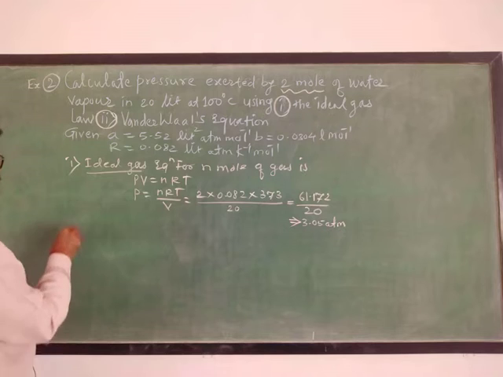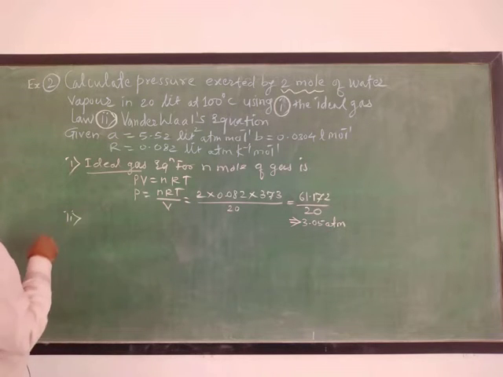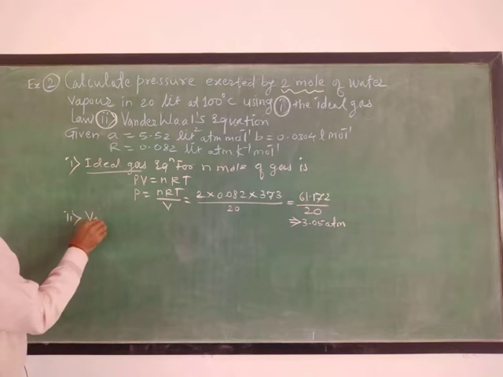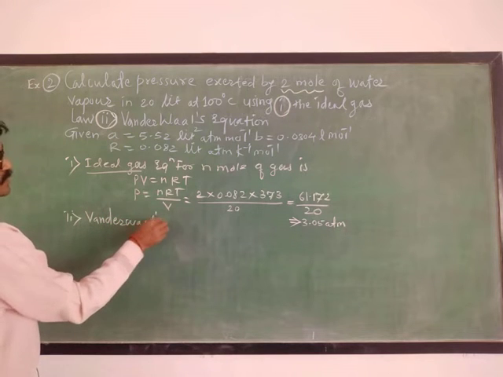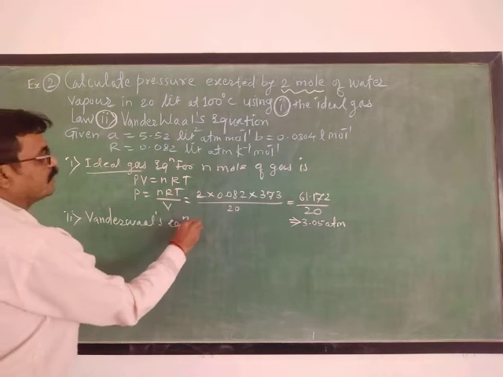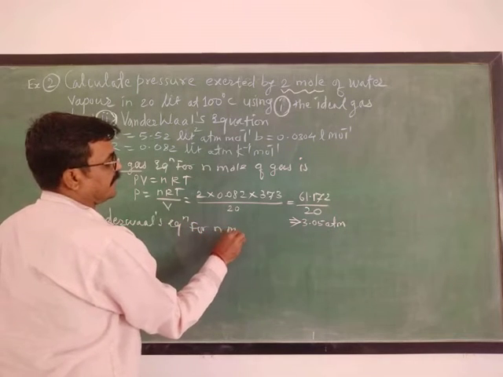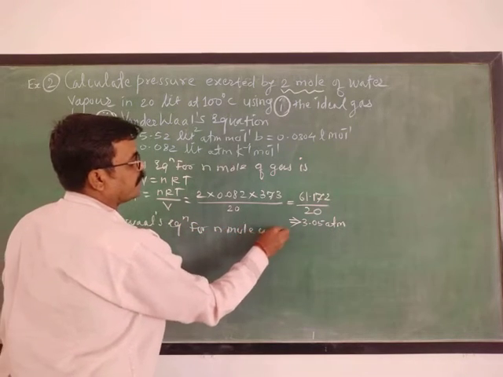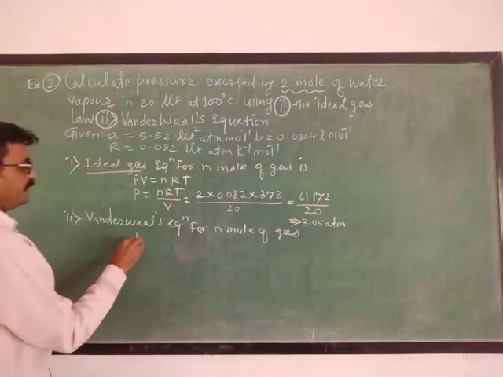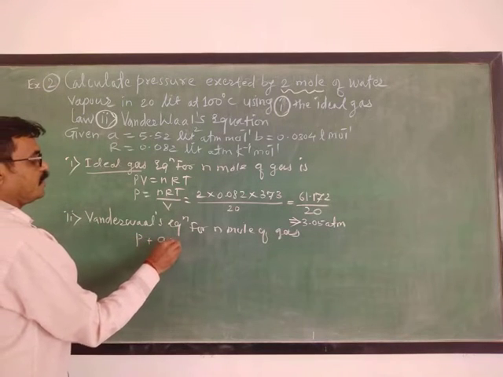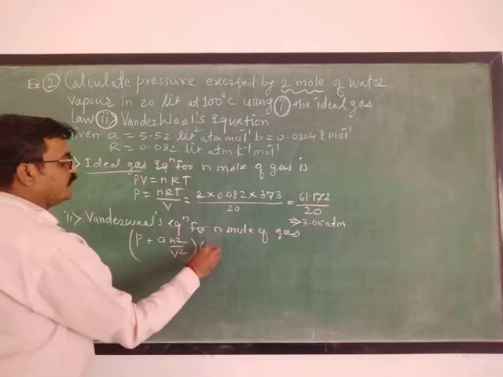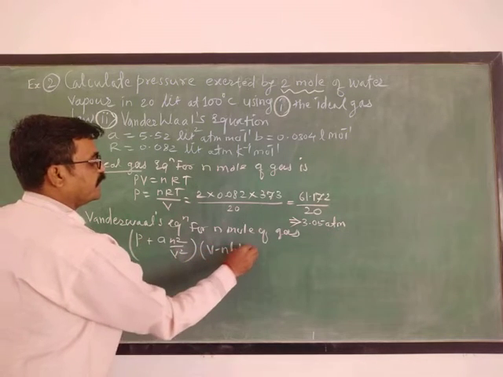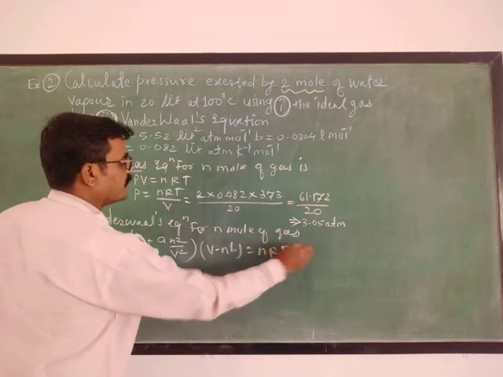Now second point, by using the van der Waals equation. You know the van der Waals equation for n moles of gas is: P plus A into n square upon V square, into V minus nB, equals nRT.